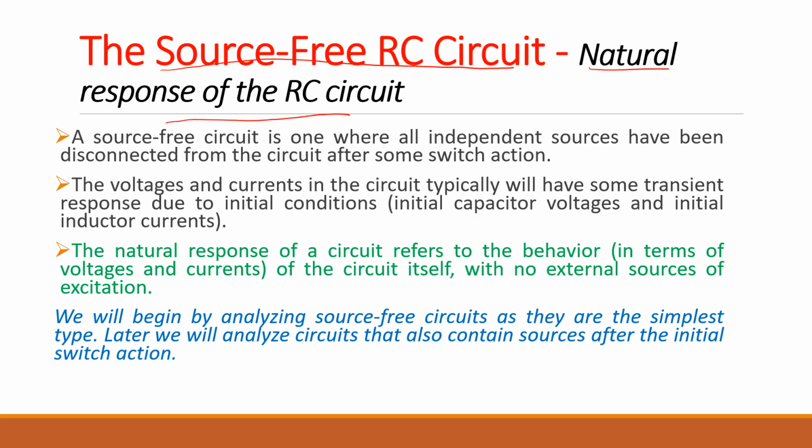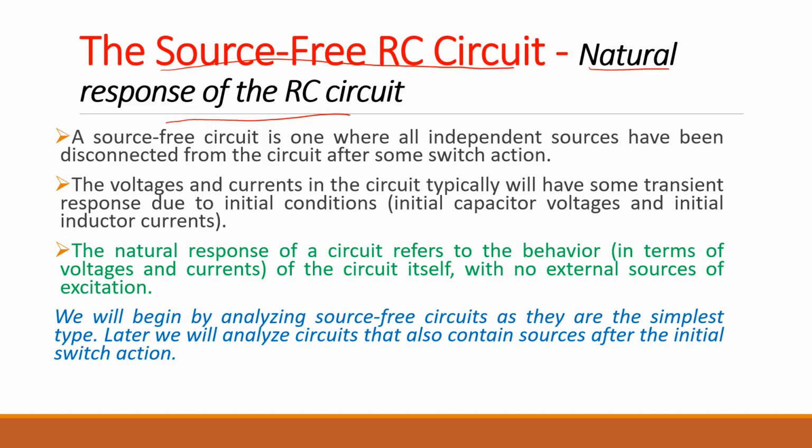A source free circuit is one where all independent sources have been disconnected from the circuit after some switch action. So the capacitor or the inductor is fully charged, and we take the source out. We are going to learn how this capacitor or inductor discharges. After some time, the capacitor and the inductor will be fully discharged.